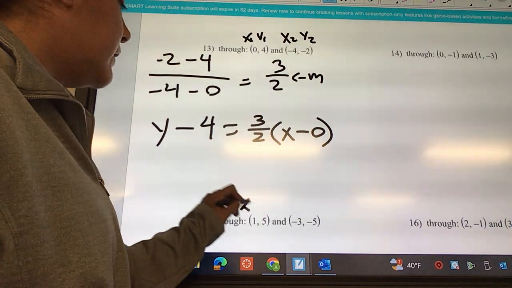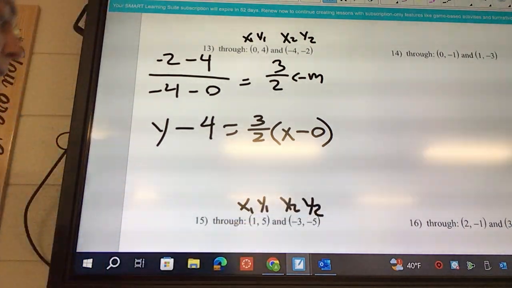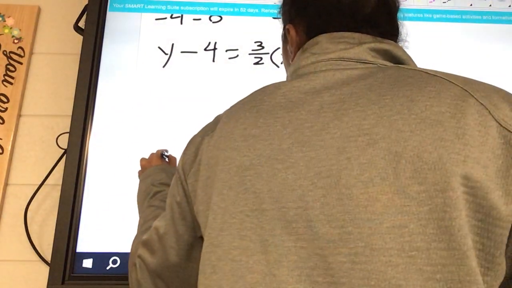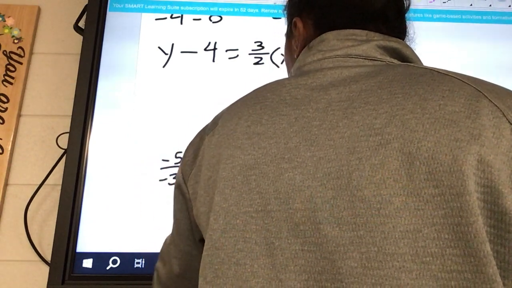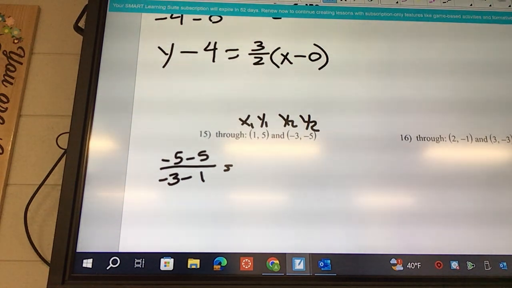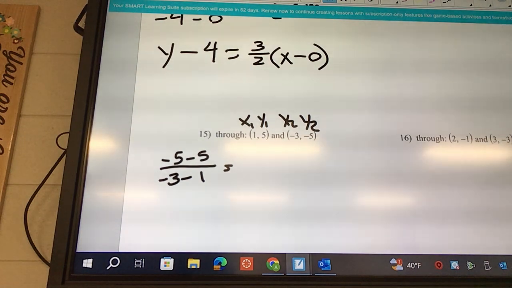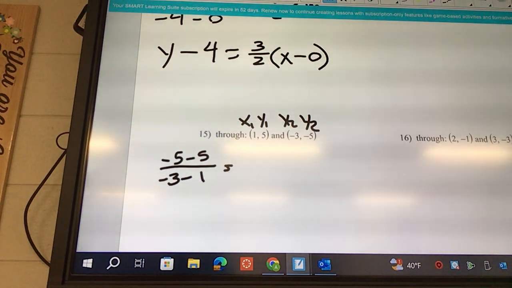Okay, 15, I got x1, y1, x2, y2. So I got negative 5 minus 5 over negative 3 minus 1. 5 over 2.